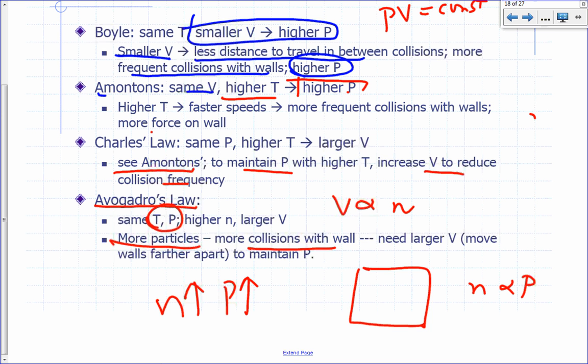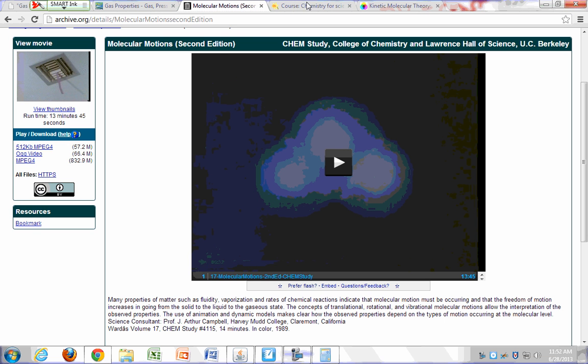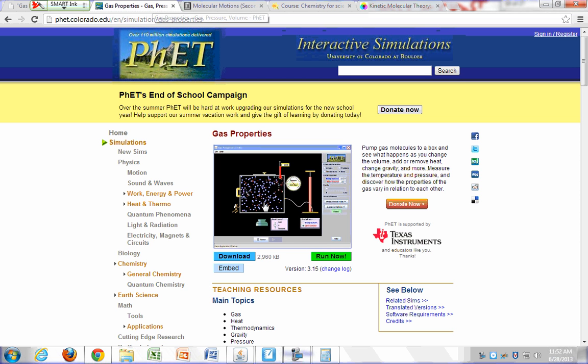Let me show you some animations that will help you visualize this. Right here, this PhET simulation in Colorado, phet.colorado.edu. Look for gas properties when you go to that website.